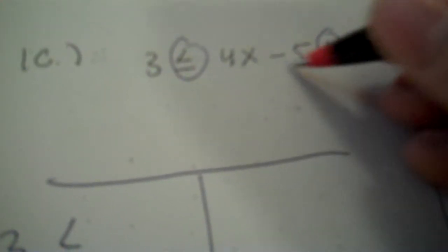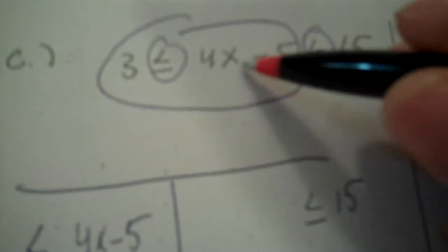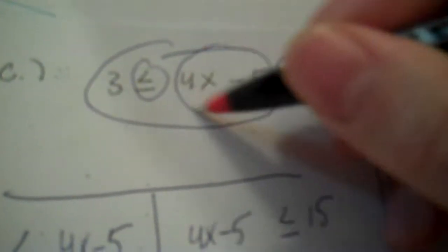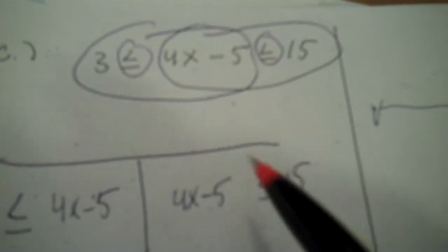On this side you got 3. On the other side you have 4x minus 5, the whole thing. Now put that sign. You have 15. Then in front of it you again have the entire 4x minus 5. So it's like overlapping circles. The 4x minus 5 goes here and it goes here.